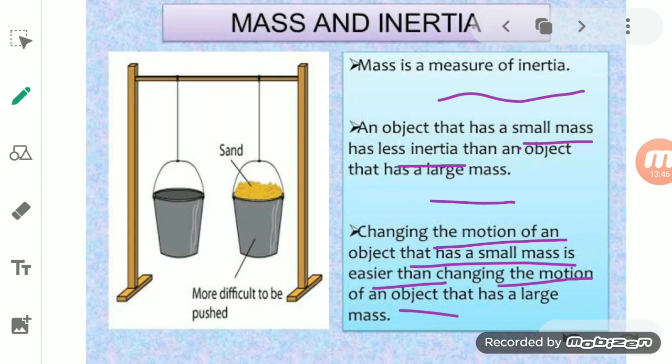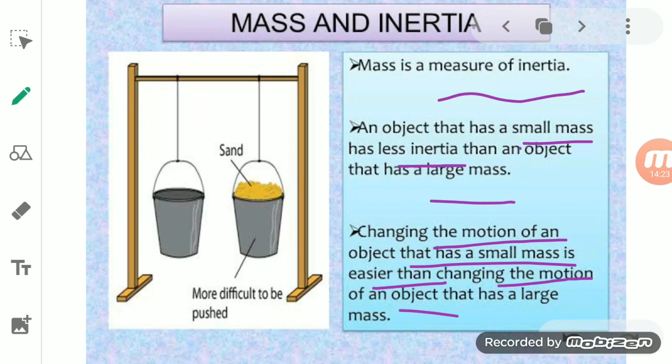But if we kick a football, it will start moving, because the football has less inertia than the stone. So the stone resists a change in its state better than a football does. Since it has more inertia, it will not change its state of rest or of motion as the football does. So the stone has more inertia than the football.